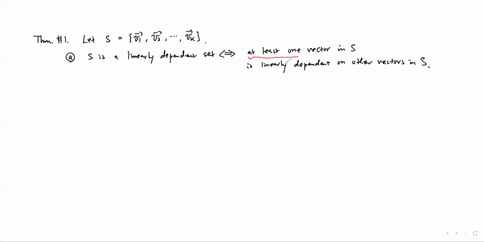I don't say that any vector in S is linearly dependent on the other vectors. I don't say that.